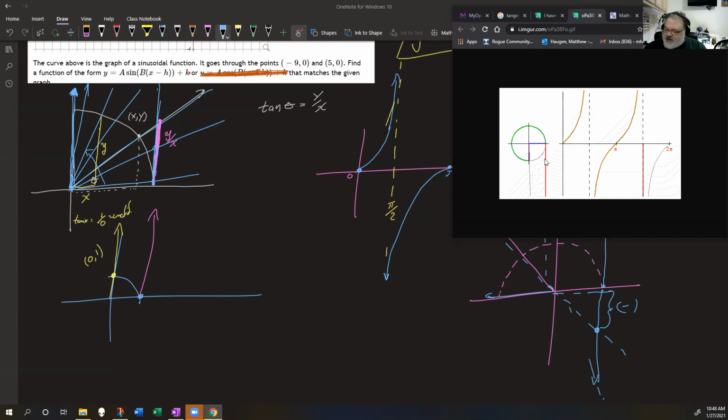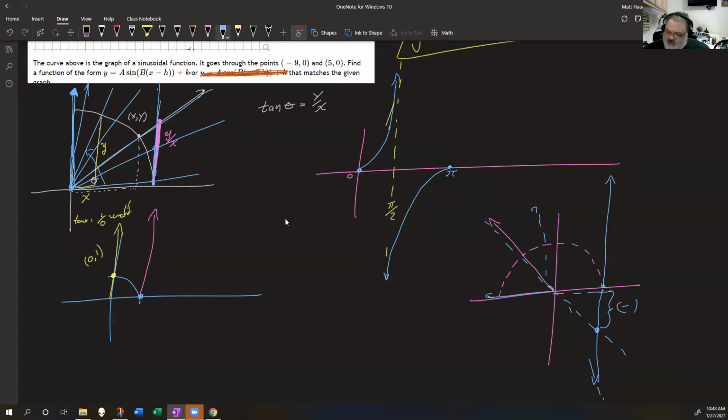That's kind of some nice physical representation of what that tangent graph is doing. So that ends up giving the tangent graph this fairly recognizable shape of having these big repeated sweeps.